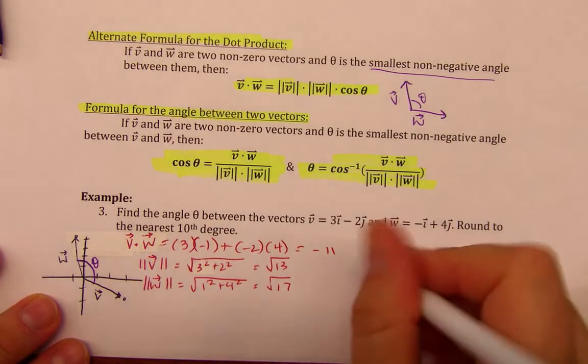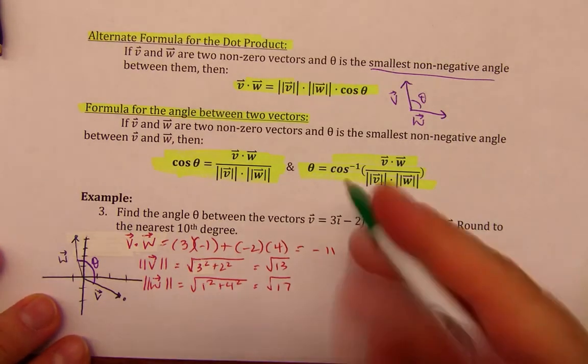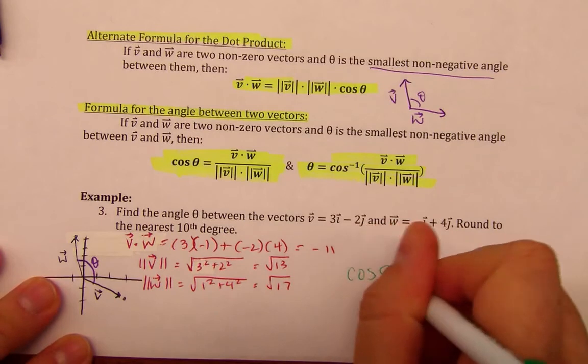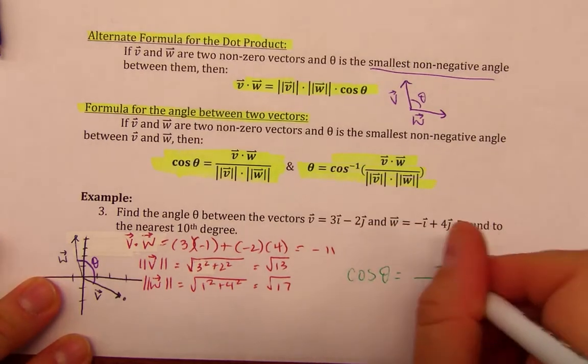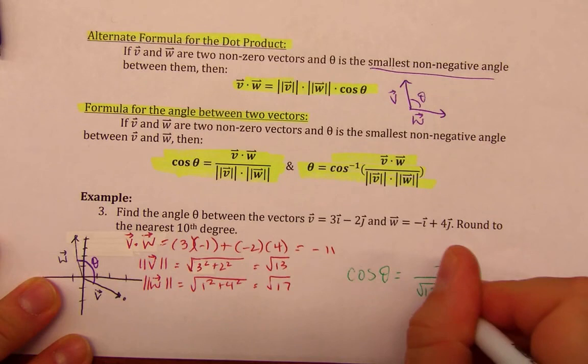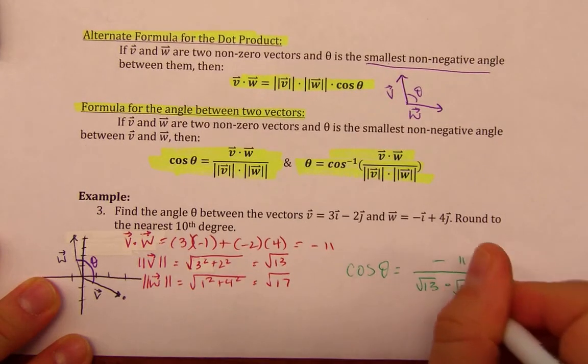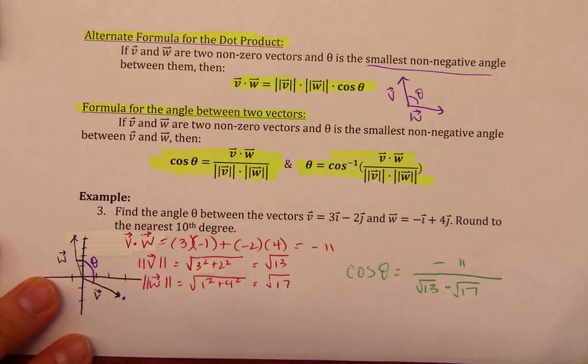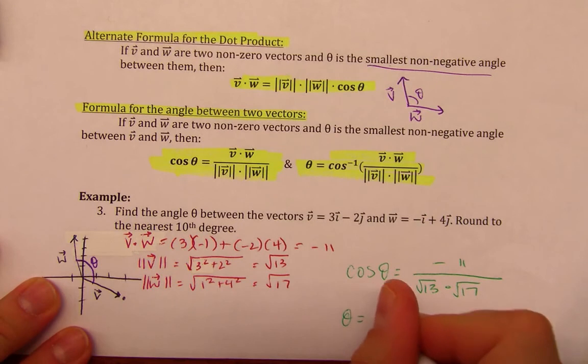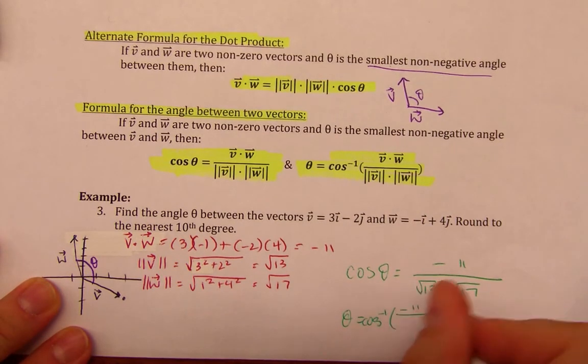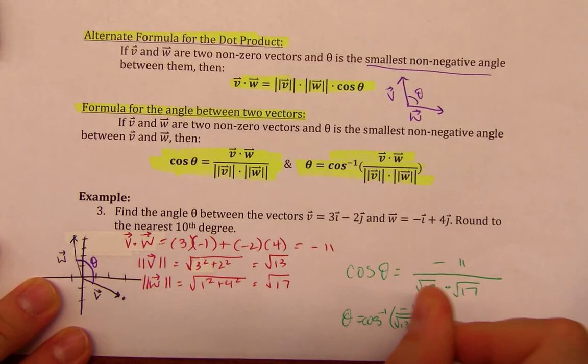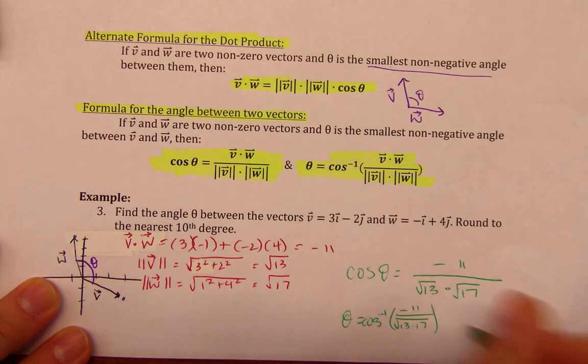And so then cosine of theta is negative 11 over root 13 times root 17. Well, theta then will equal inverse cosine of negative 11 over square root of 13 times 17.